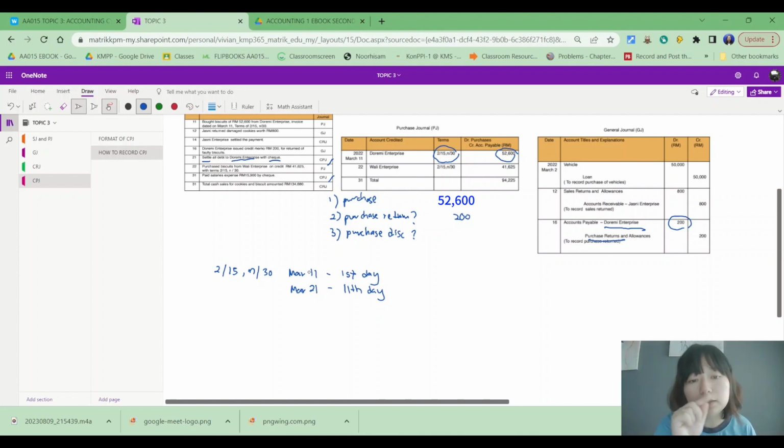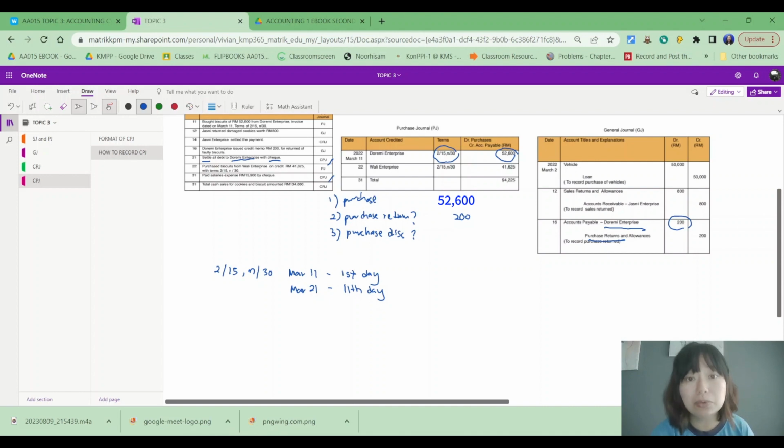So, kalau you buat macam ni kan, 21 tolak 11, you dapat 10. 10 tambah 1 adalah 11. So, memanglah 21st of March adalah hari yang ke-11. Okay, so maksudnya we settle the debt on the 11th day. Pada hari ke-11, kita settle hutang.